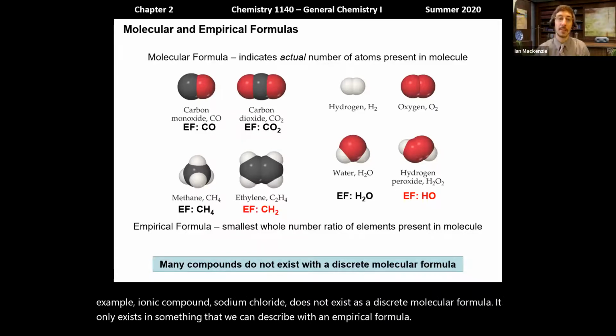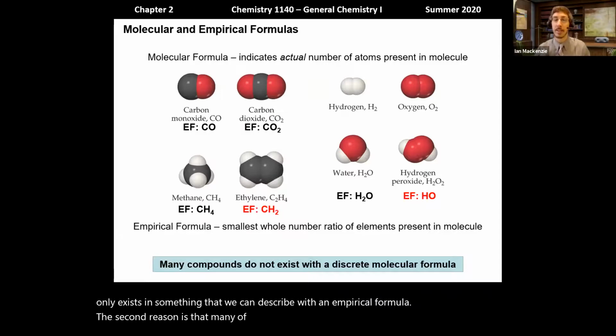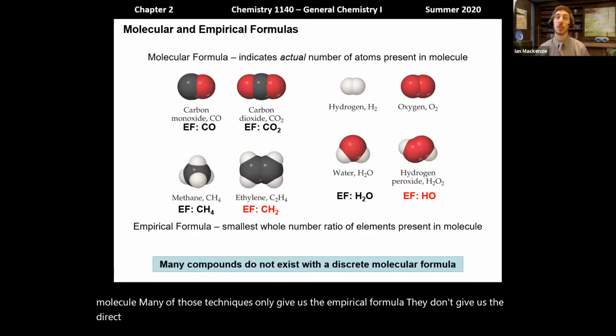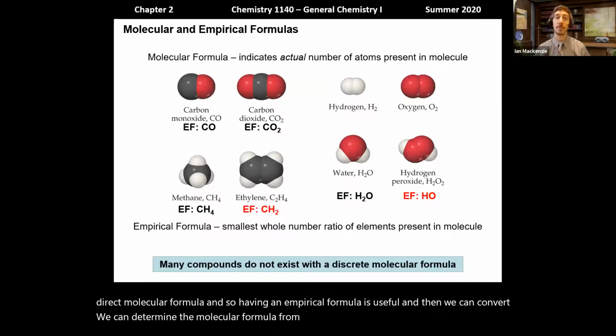The second reason is that many of our analytical techniques for measuring the composition of a molecule, many of those techniques only give us the empirical formula. They don't give us the direct molecular formula. And so having an empirical formula is useful, and then we can determine a molecular formula from an empirical formula if we have additional information.